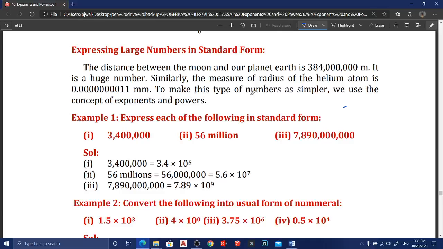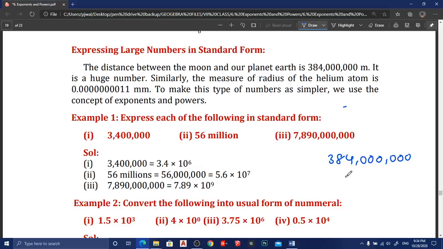To make this type of number simpler to read, we use the concept of exponents and powers. So if you observe this 384 million, how can you write it in a normal form? 384, after that how many zeros are there here? 6 zeros.